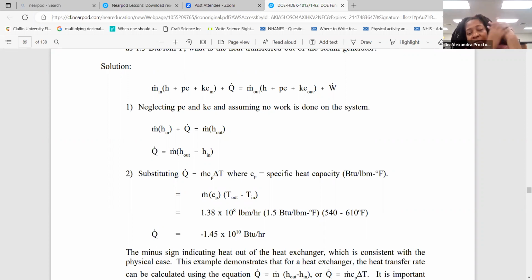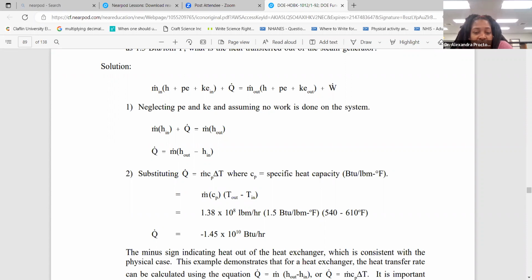For Q, we can substitute m c_p delta T, where c_p is the specific heat capacity in BTU per pound mass degree Fahrenheit. And we say delta T is T out minus T in.